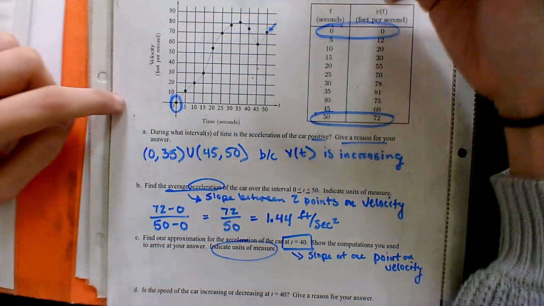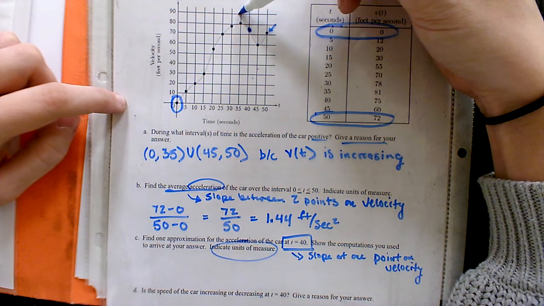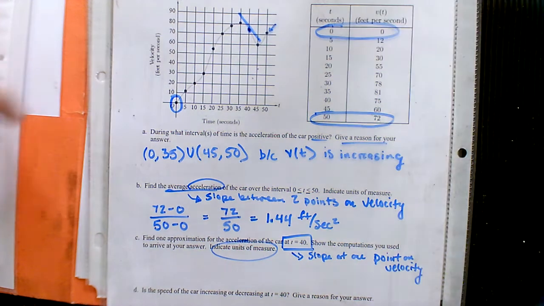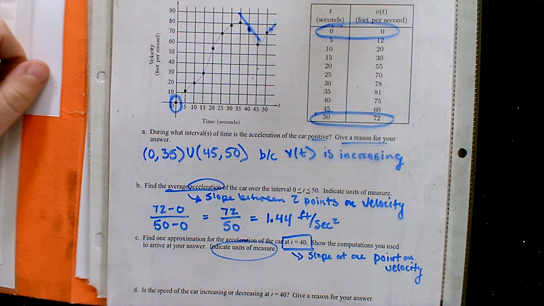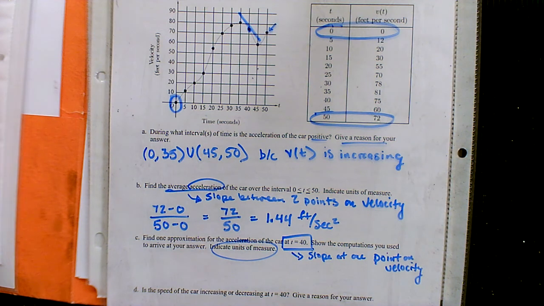So graphically, if we were to go to 40 and draw a tangent line, we're going to try to approximate the slope of that tangent line. Now it says find one approximation, so there might be more than one way you can approximate this. Can we brainstorm how we might find at least one approximation?